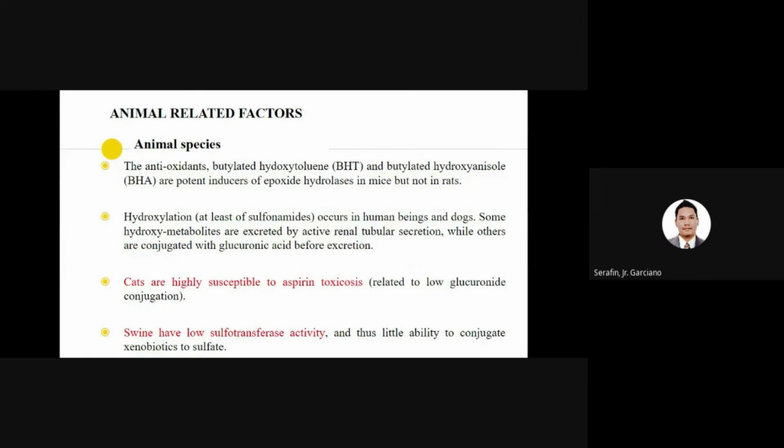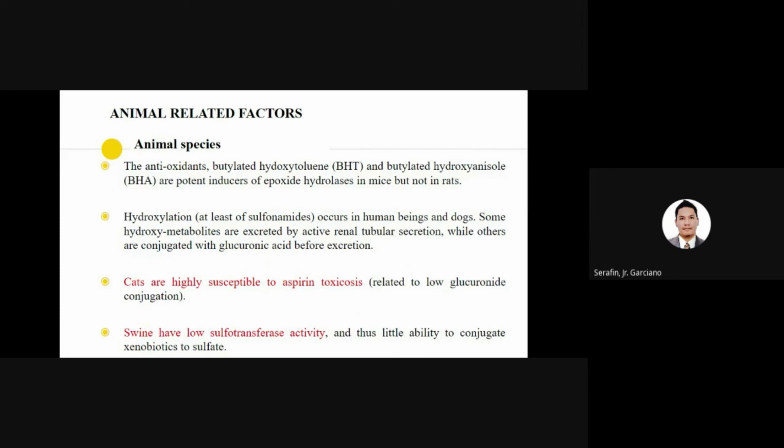Also, in general, the antioxidants butylated hydroxytoluene and butylated hydroxyanisole are potent inducers of epoxide hydrolases in mice but not in rats.